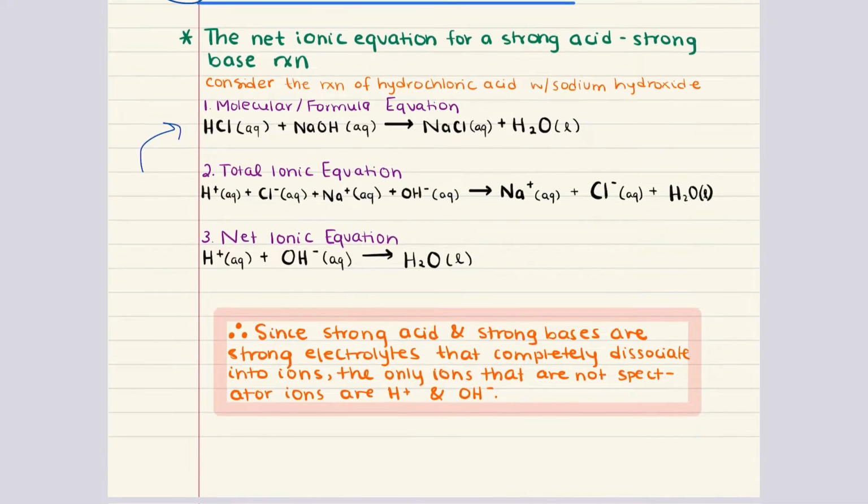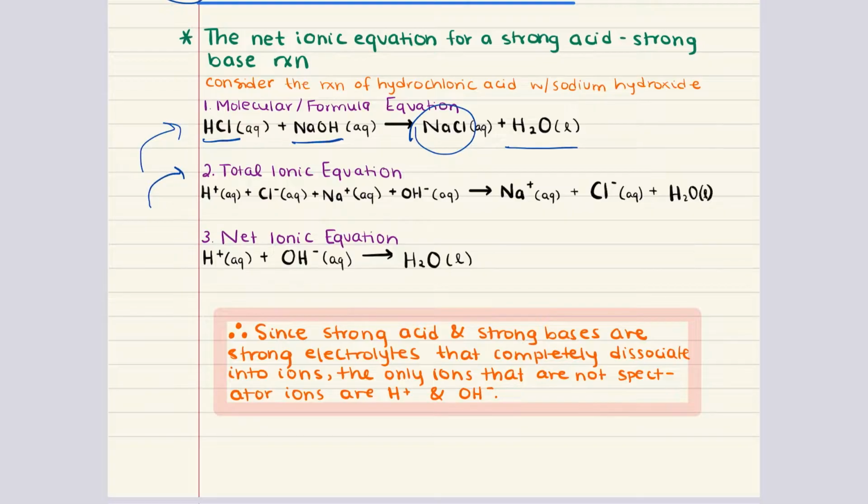We have hydrochloric acid reacting with sodium hydroxide to give us sodium chloride, this is our salt, and water. Now, looking at this, this is our molecular formula equation. We have all of the compounds in their undissociated form. The next step is to write the total ionic equation.